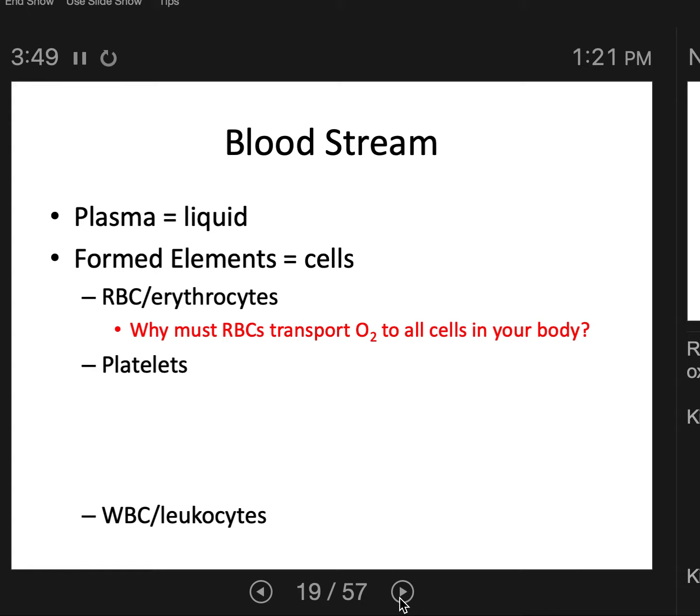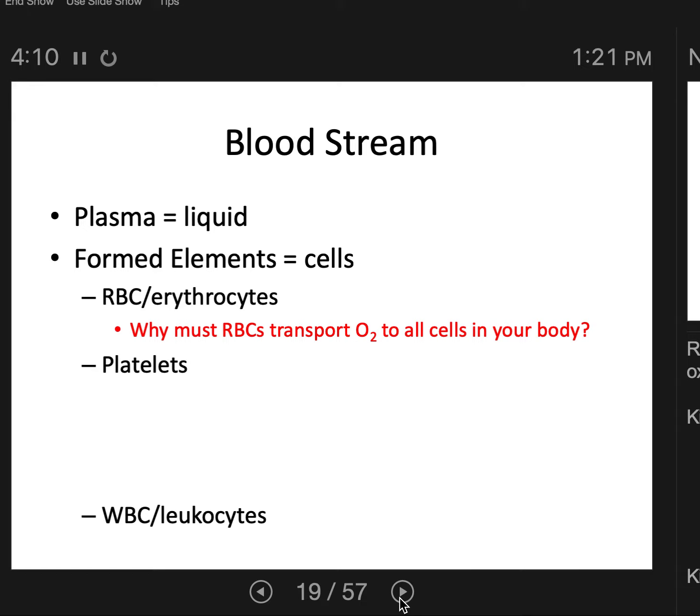So all the cells in your body need oxygen for aerobic respiration, and I'm sure all of you got that, but what I really want you to know for the final is the role oxygen plays in aerobic respiration. Oxygen is necessary to clear electrons that are used already from the electron transport chain.